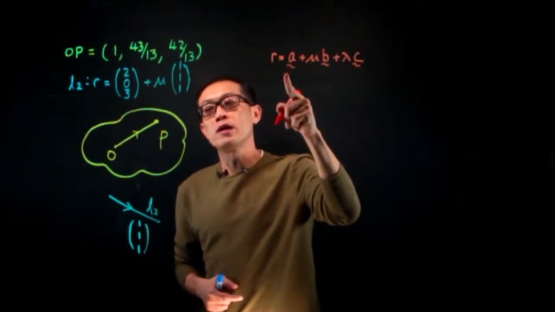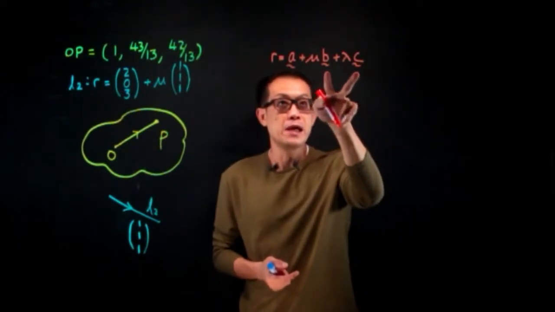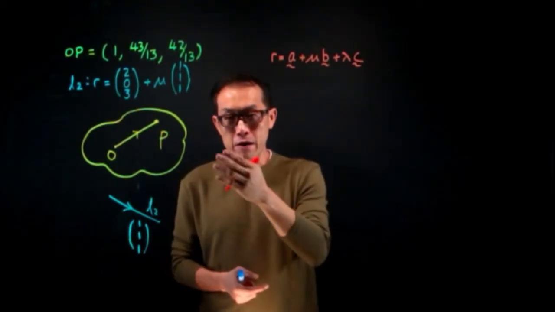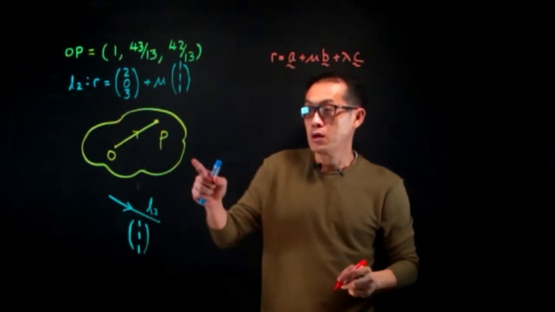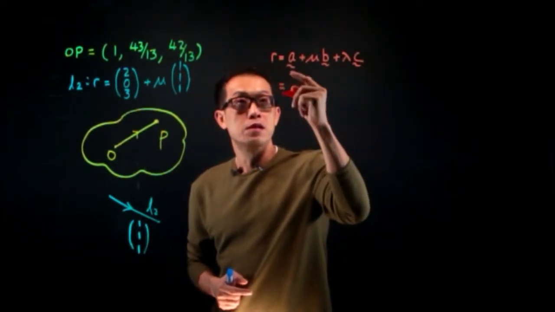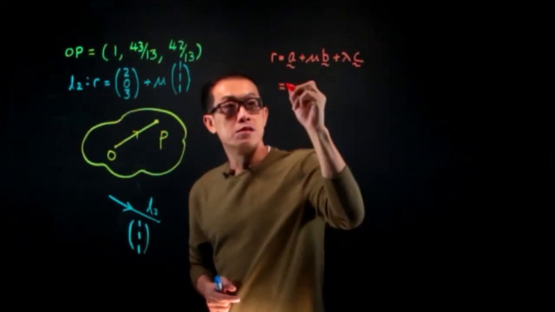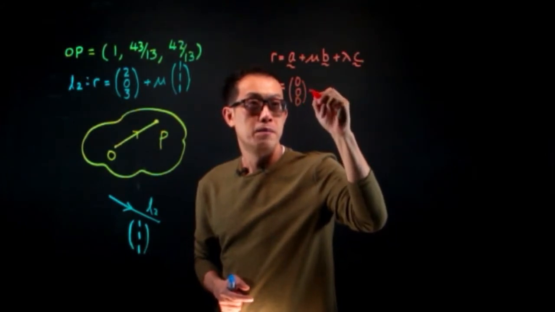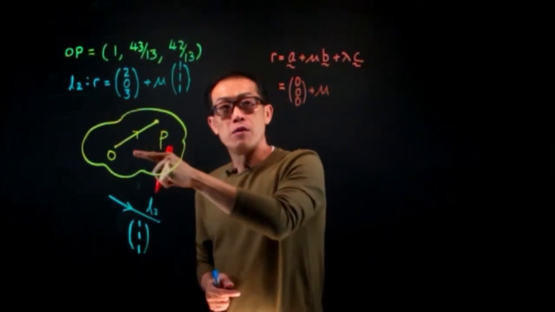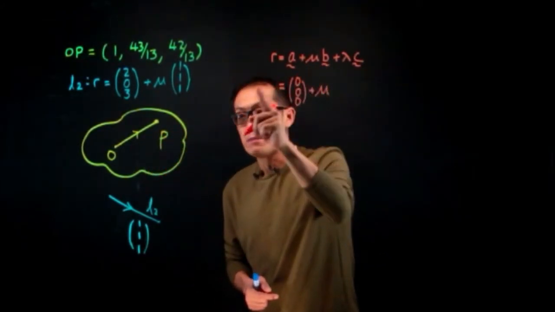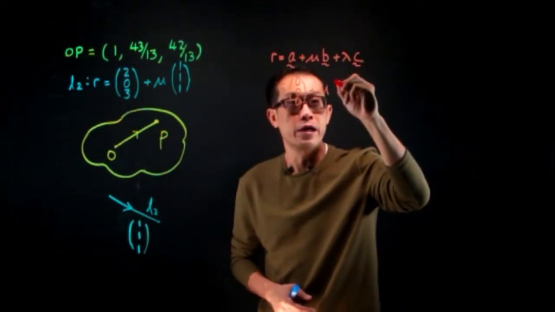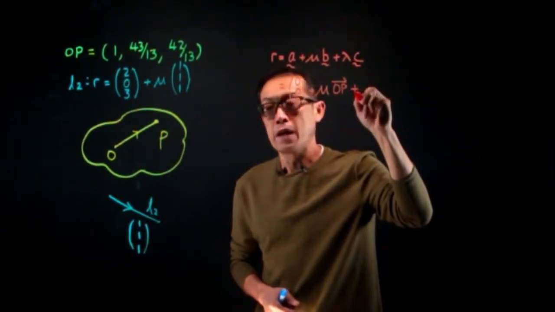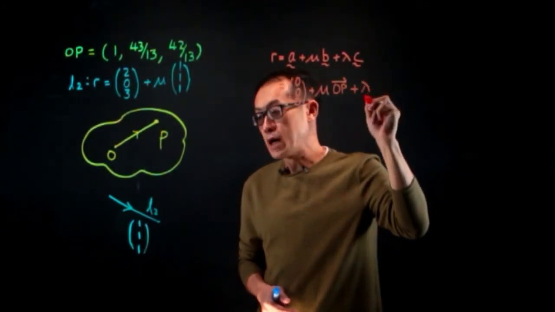Now a is a point that it passes through, and b and c are both vectors that are parallel to the plane. So we can put a as 0, 0, 0 plus mu. Now mu, what is b? b we can choose OP, alright? So mu OP plus lambda.